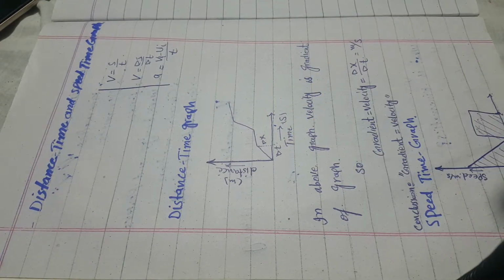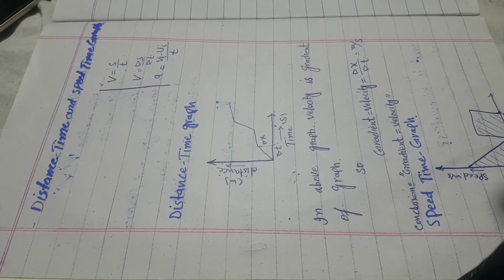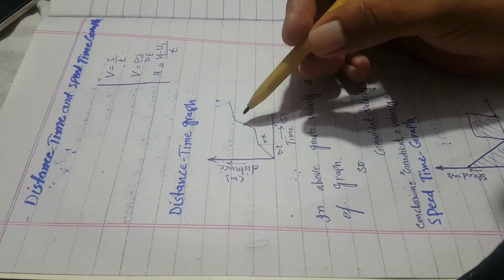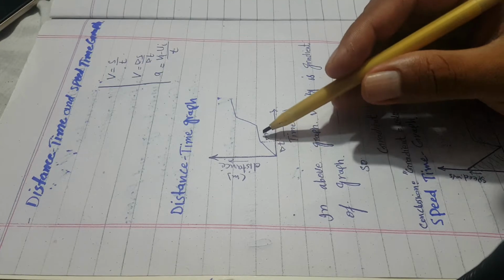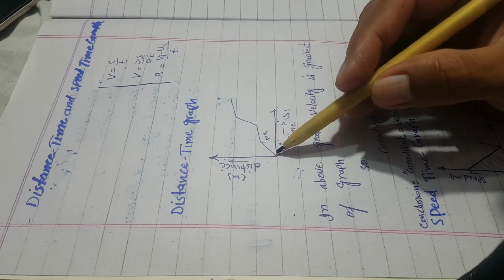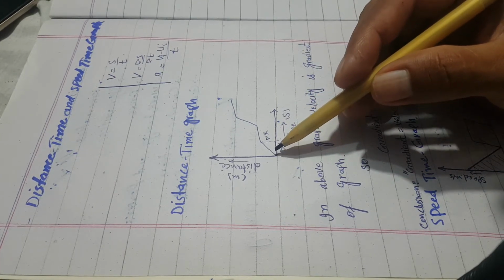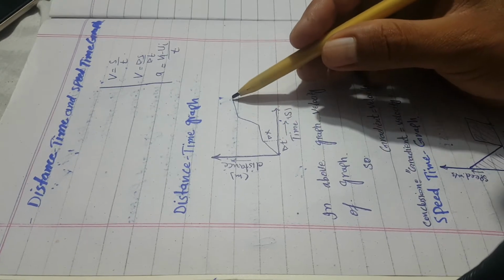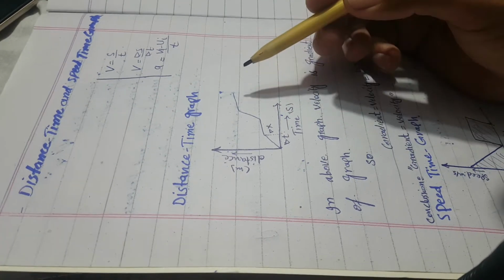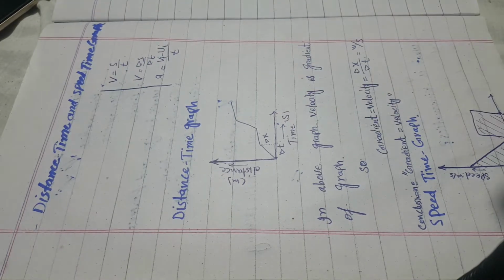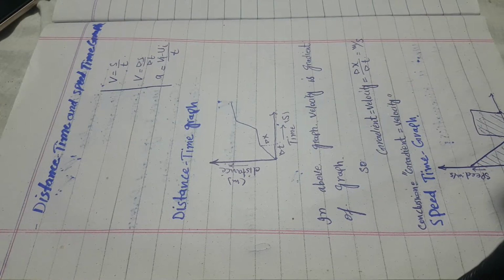So in the distance time graph we can see the object moving from initial zero velocity to final velocity in different manners. In the above graph the velocity is the gradient of the graph.